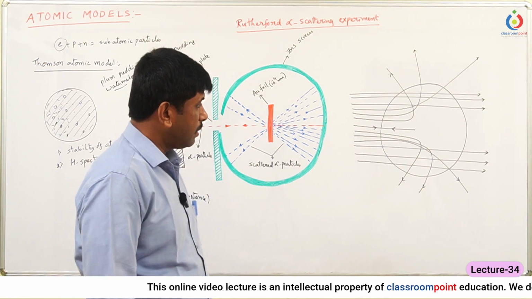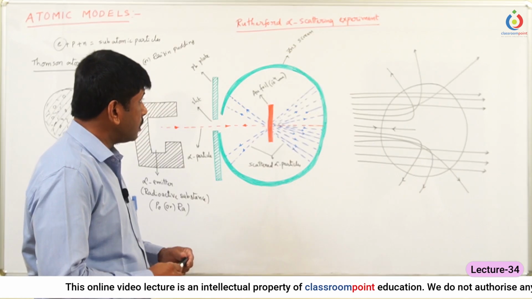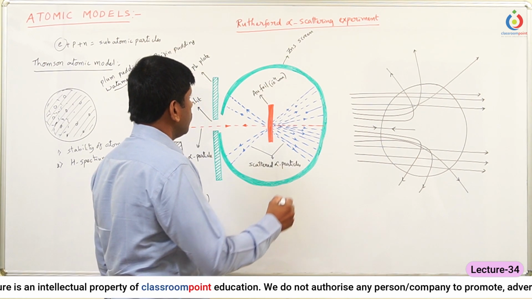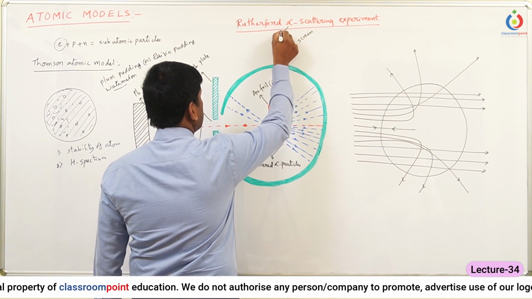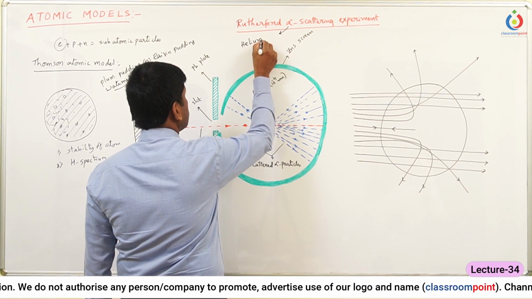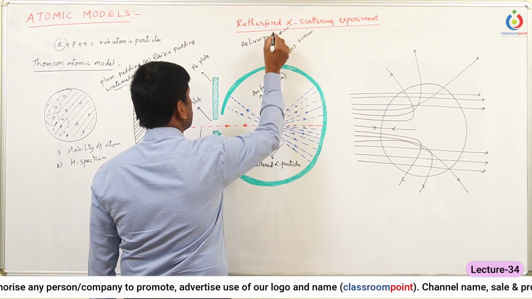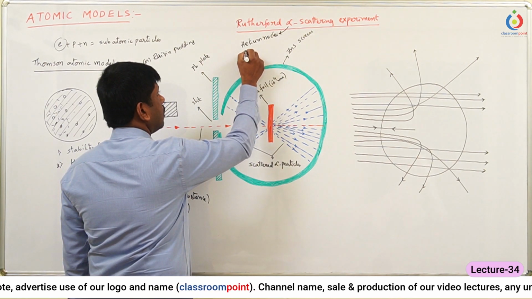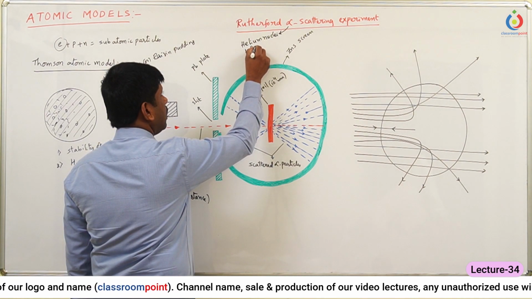Now let's come to the next atomic model, that is the Rutherford alpha scattering experiment, where alpha stands for helium nuclei, or doubly ionized helium atoms.